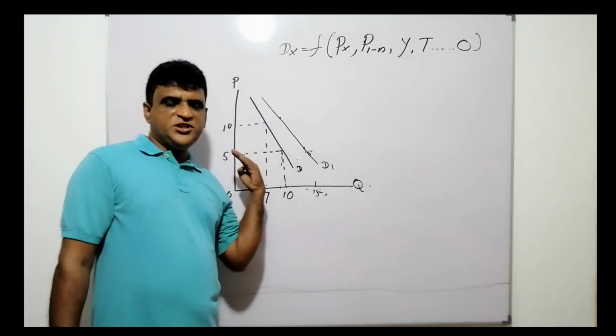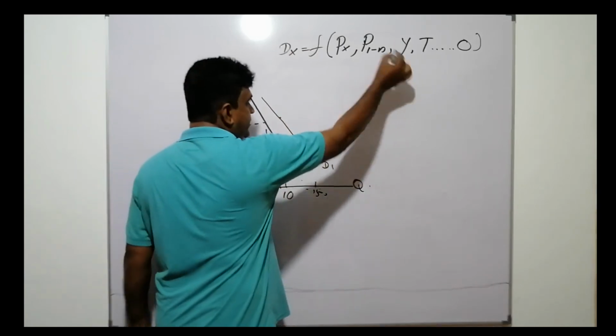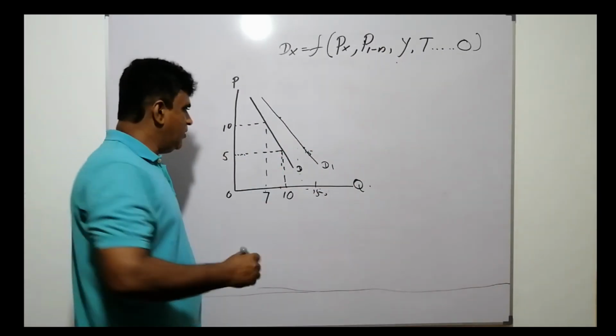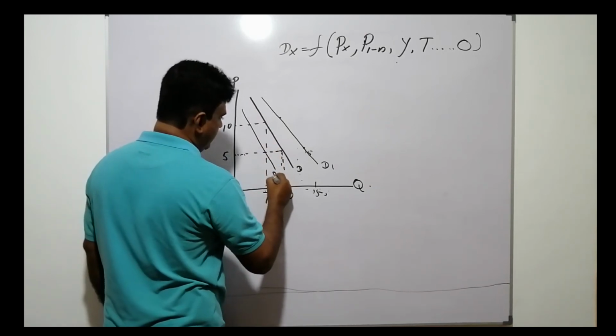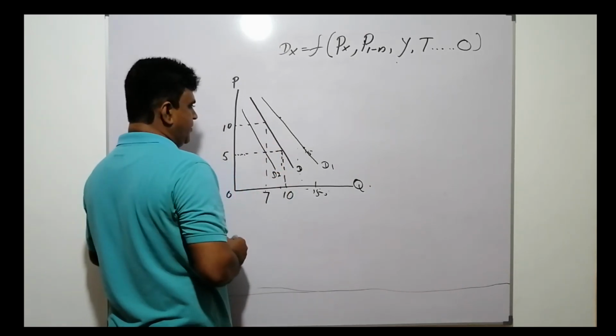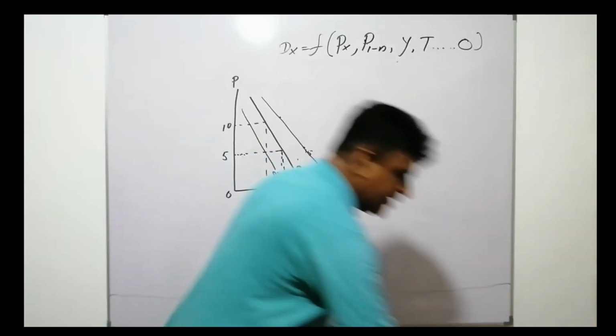Then the demand curve shifts outward. And think the consumer's income goes down, then what is happening? We draw another demand curve. We'll say that is D2. Let me draw that without these price indications.